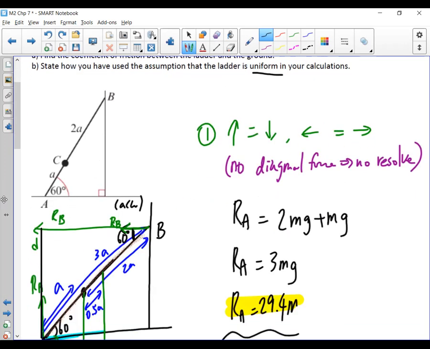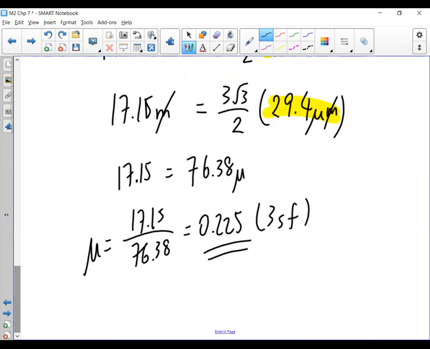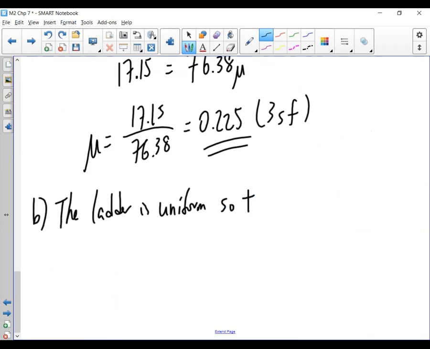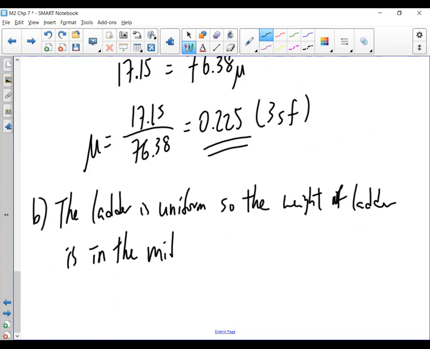So for part B, you can say the ladder is uniform, so the weight of the ladder is in the middle. Okay, and that will be the end of the ladder question.